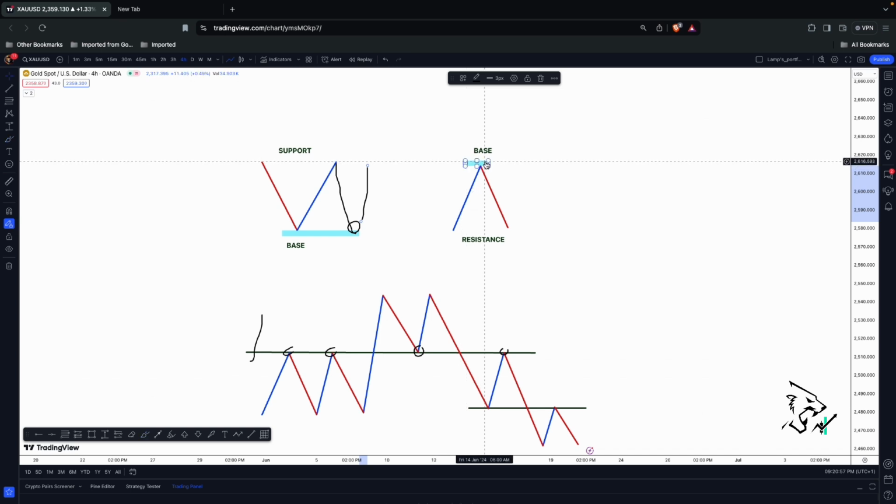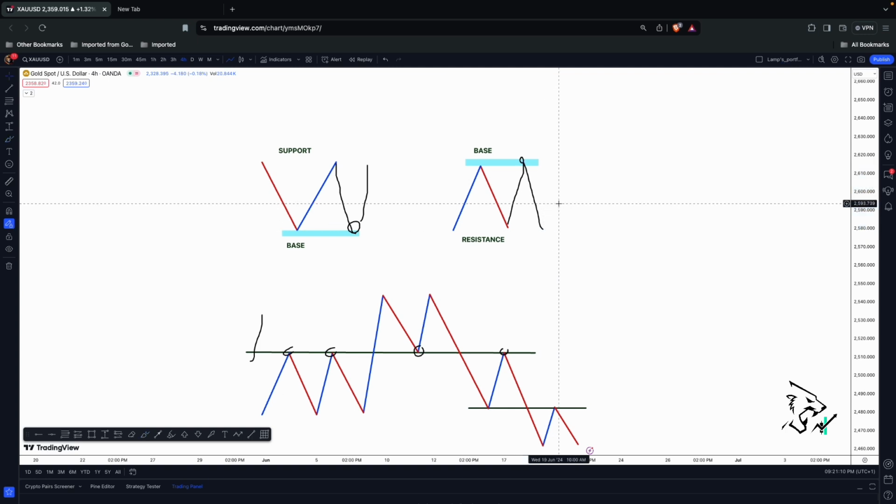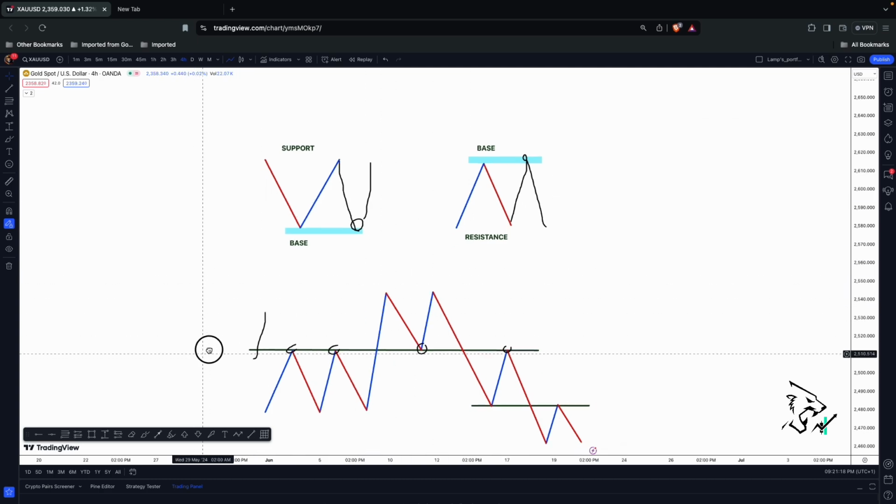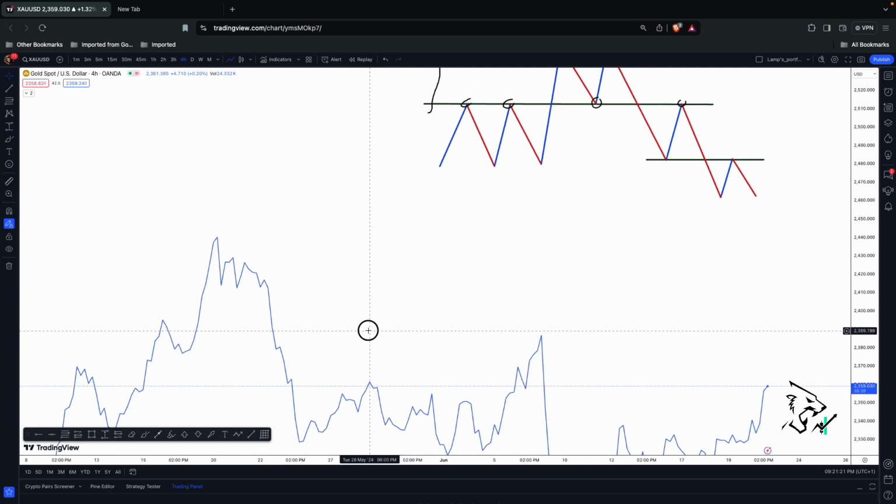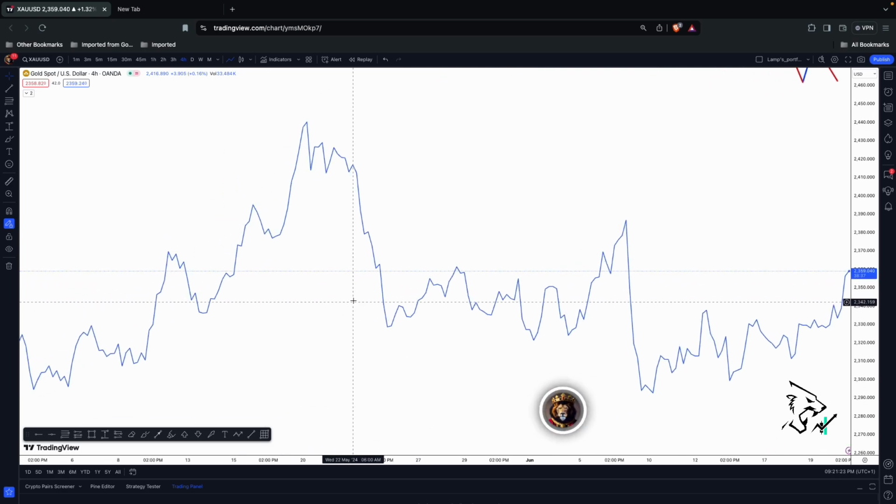The same way, when I spot price get into a resistance area, I want to see some weaknesses around this base area for some short opportunities. So I basically represent support and resistance as capital A's and capital V's. Now let's go to the markets and see how we can break that down.